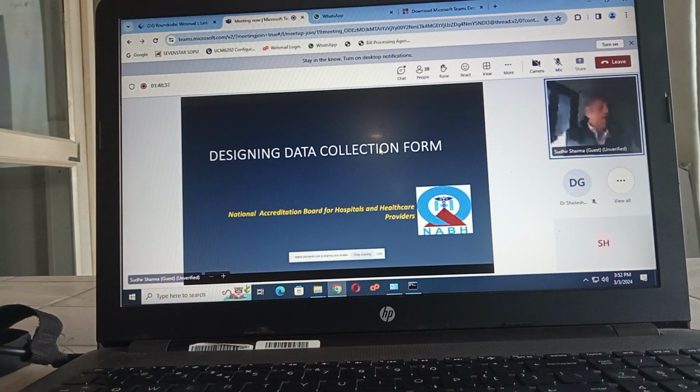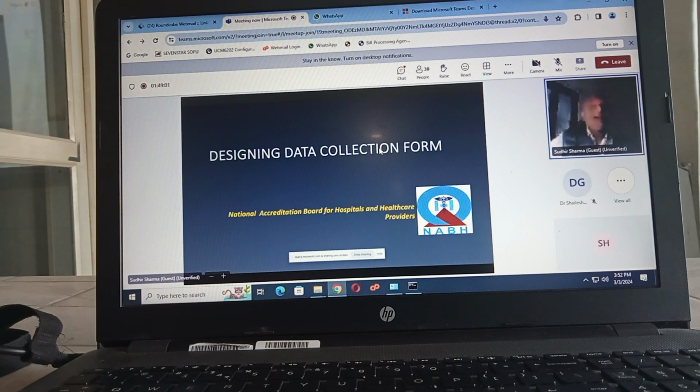Now you need to design your data collection. You need to remember the designing of the data collection form is going to be done by one person, and the data is actually going to be entered by another. So the person using the data collection form is different from the person designing it.